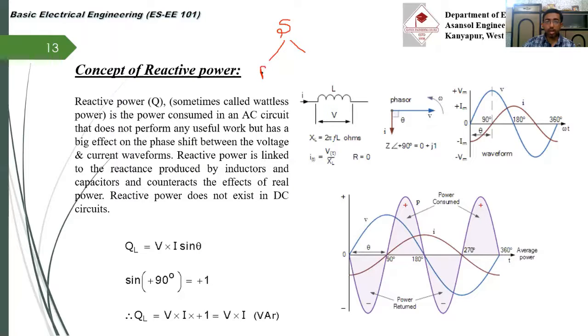Now the reactive power, as I already said, the S is our apparent power. It is of two types. One is active power, another one is reactive power. Now this reactive power is also of two types: one is capacitive reactive power, another one is inductive reactive power.